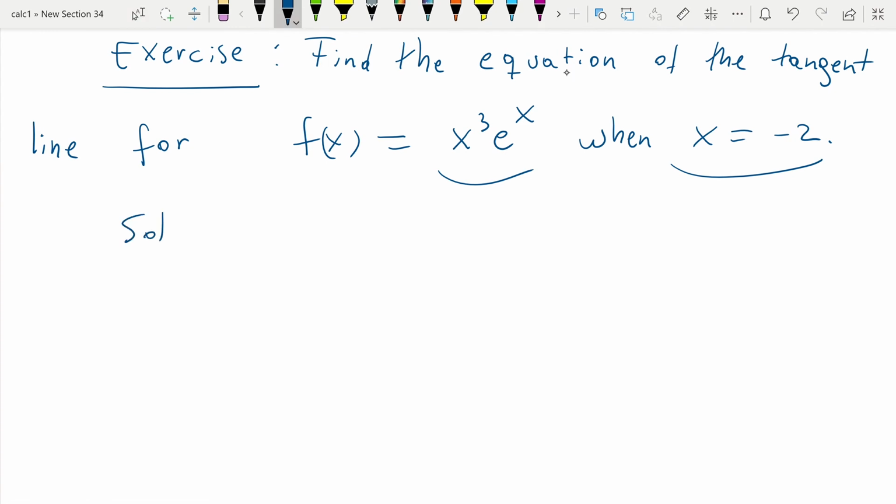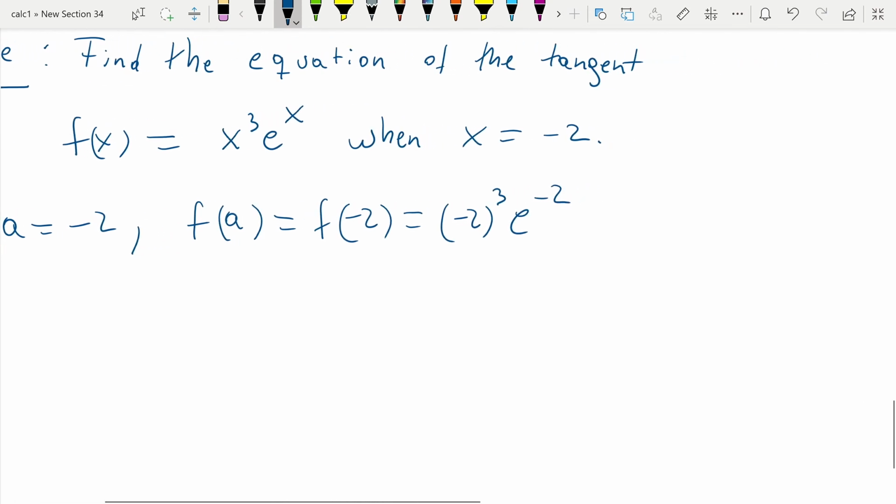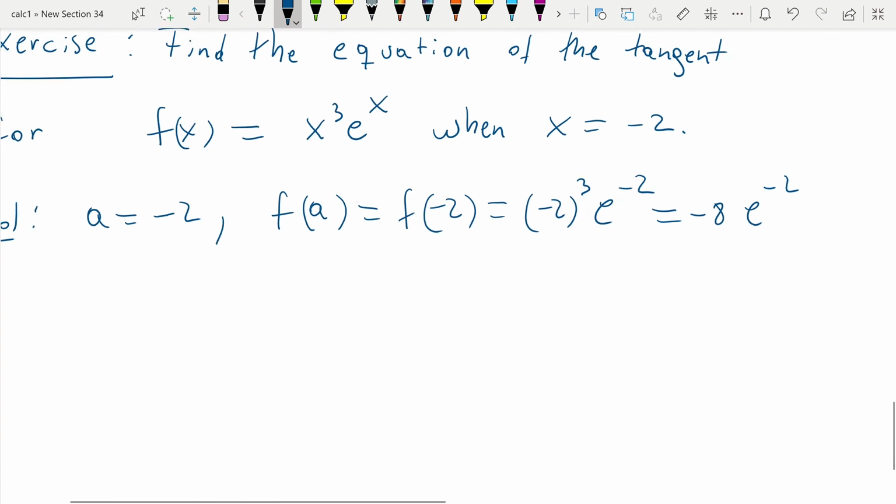For the solution, again, we notice from here that a is -2. So what is f of a? f of a is f of -2, which is -2 cubed times e to the -2. -2 cubed is -2 times -2 times -2, which is -8 e to the -2.